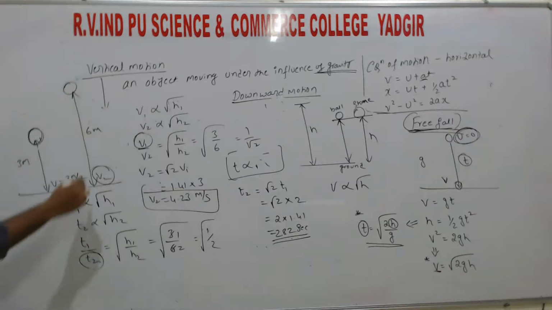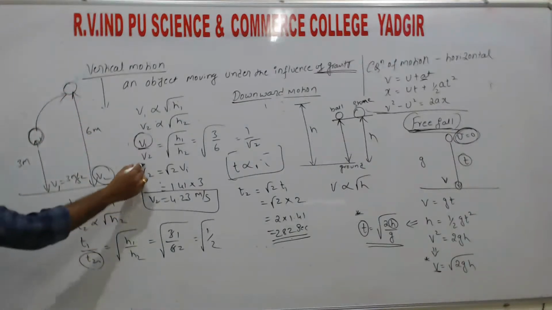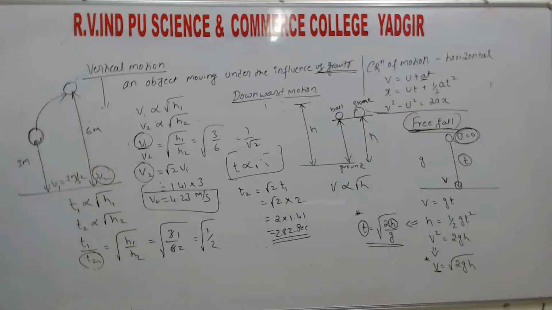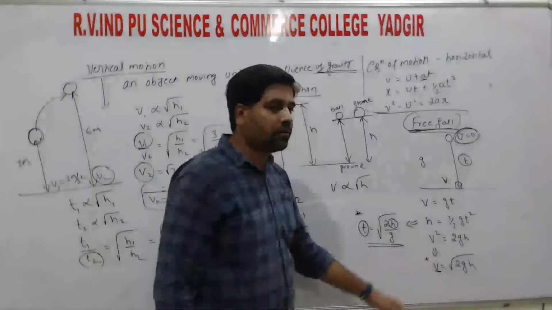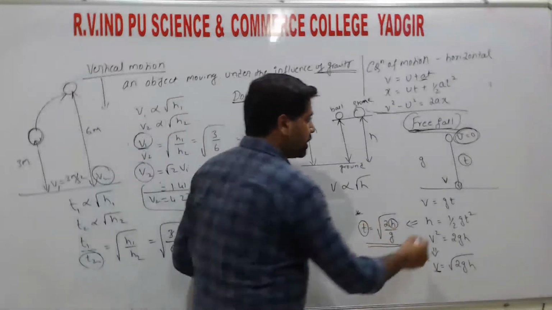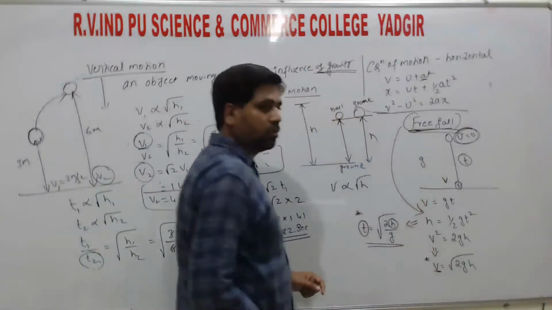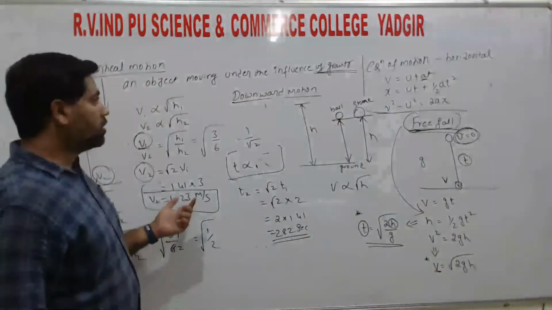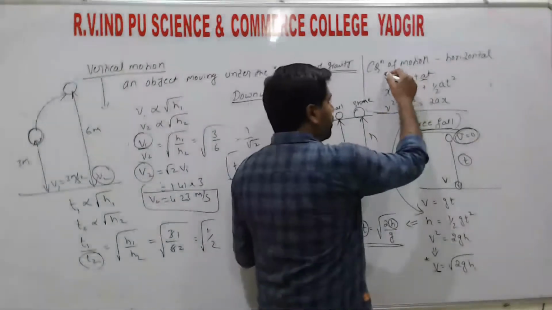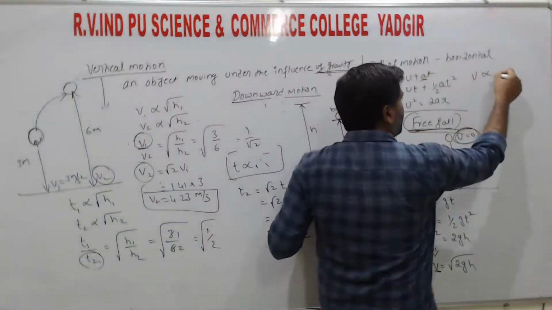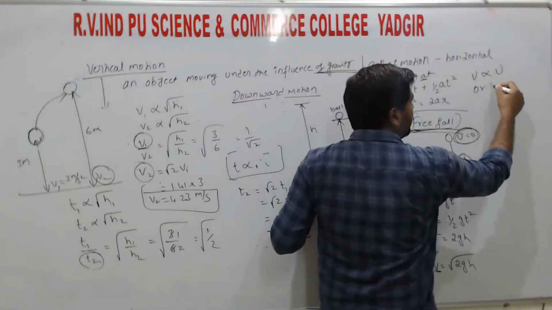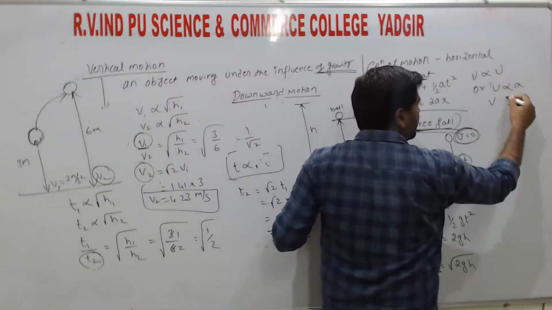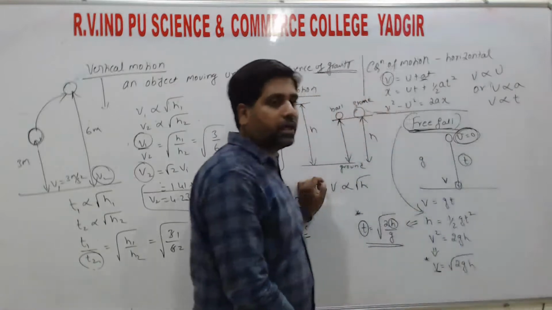That means we are relating one object with another object to find the velocity of the particular object by using these relations. This is only in the case of free fall, right? In horizontal motion, if one velocity is given, we can't write that v is directly proportional to u, or v is directly proportional to a, or v is directly proportional to t.